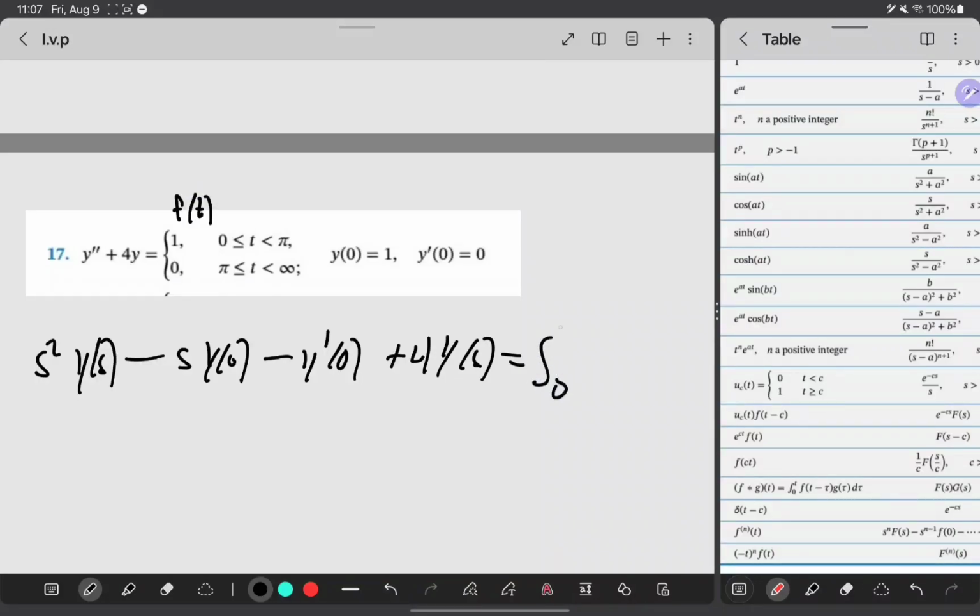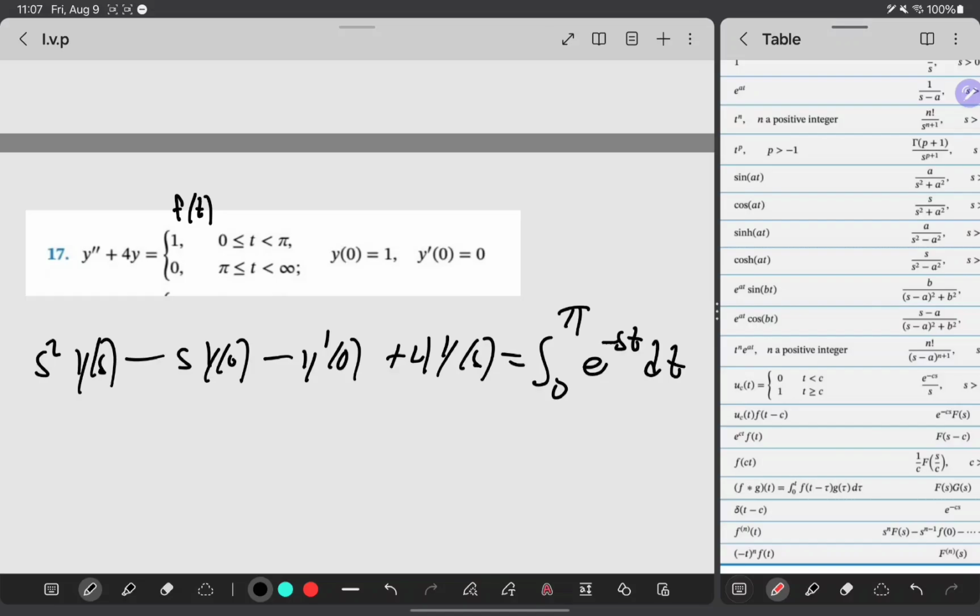Integral 0 to pi, f of t is 1, e to the negative st dt. We have to use the definition, and this is exactly why it's necessary to know how to do the first section.